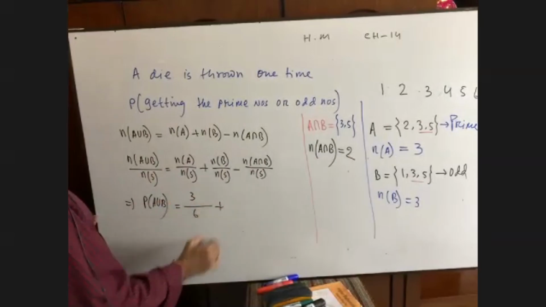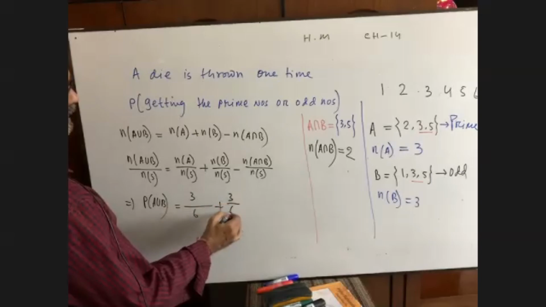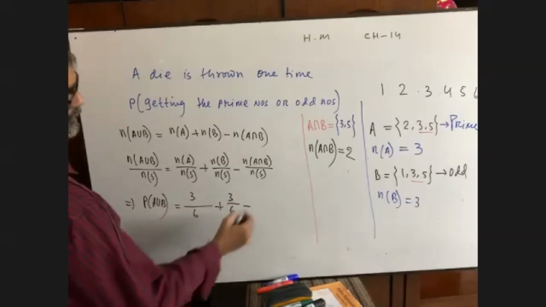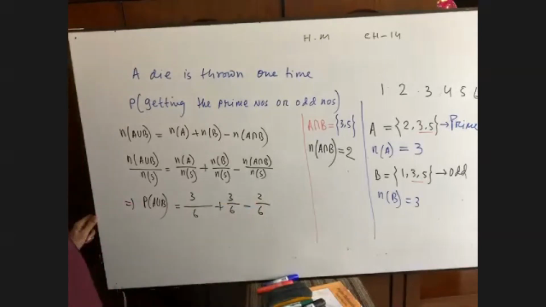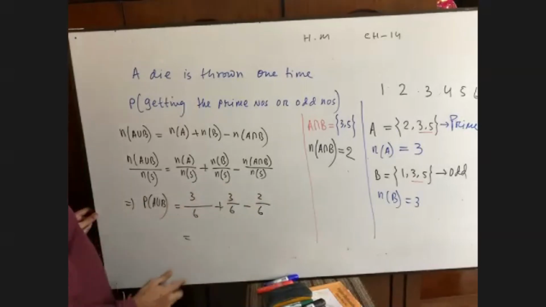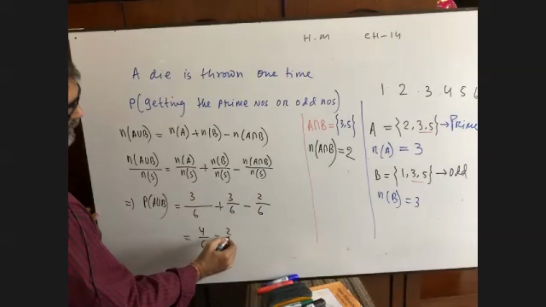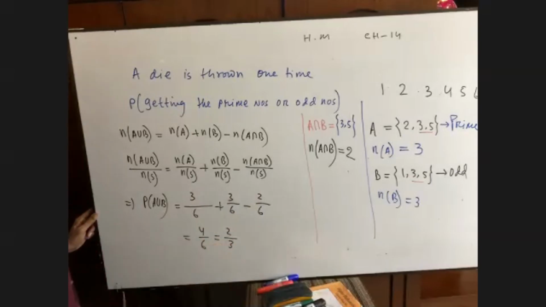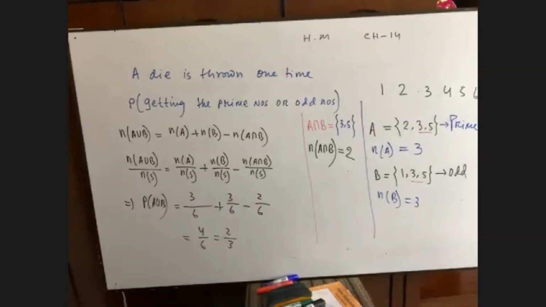What is n of B? It is also 3. What is their intersection? 2. 2 by 6. Now if you calculate 3 plus 3 is 6, minus 2 is 4 by 6, that is 2 by 3. Have you got it? Yes, sir.